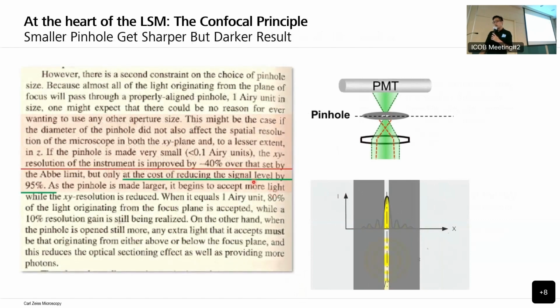Okay. Based on previous work, the engineers at our Germany headquarters did this kind of test.